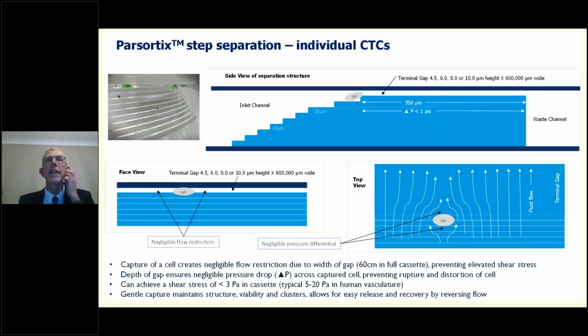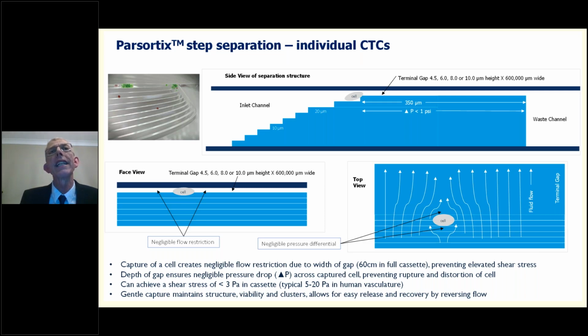So looking at this in different dimensions, in the previous slide we looked at the side view, and we can see this stepwise gradation as we reduce the size in which the cells can pass through. But it's not the only channel that's allowing the passage of fluid. So while we might block this particular channel, we have multiple channels of fluid dynamics passing either side of the cell.